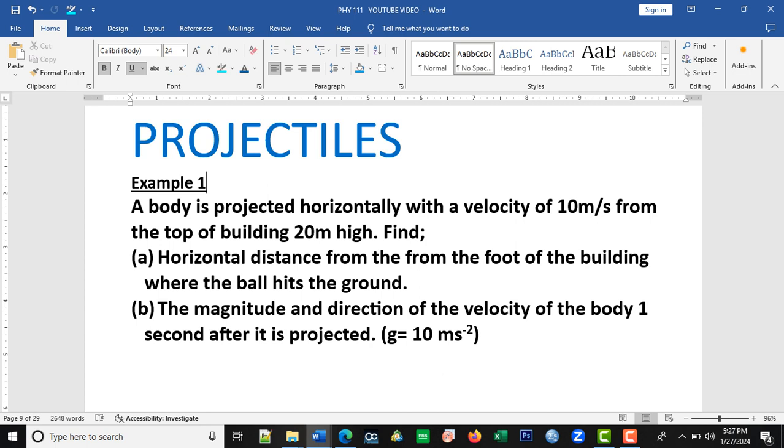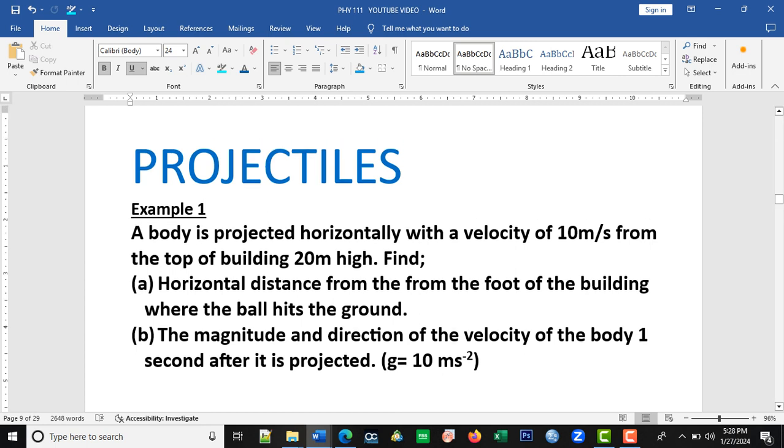So, by looking at this, you would have a picture of how the figure would look. Let me continue first. Find A, the horizontal distance from the foot of the building where the ball hits the ground. B, the magnitude and direction of the velocity of the body 1 second after it is projected.